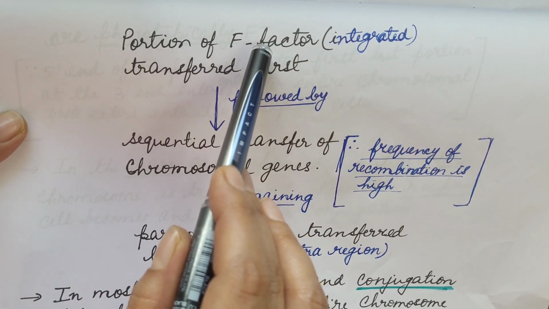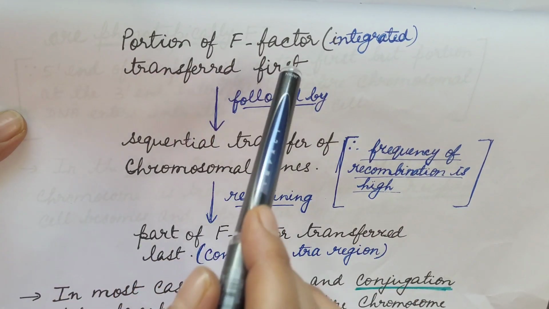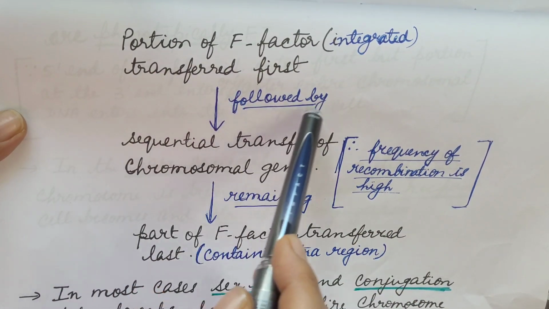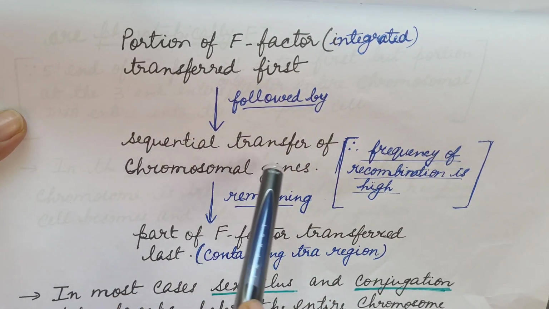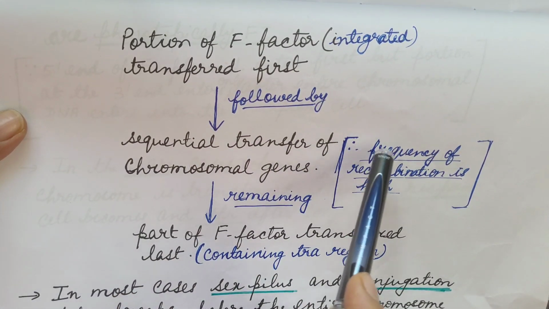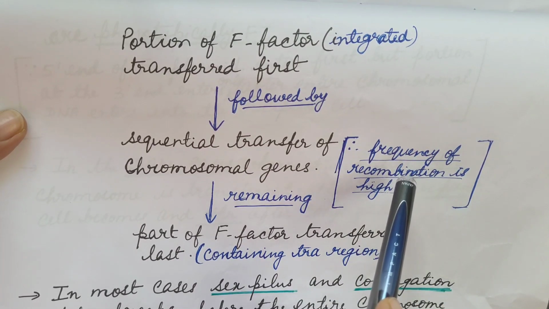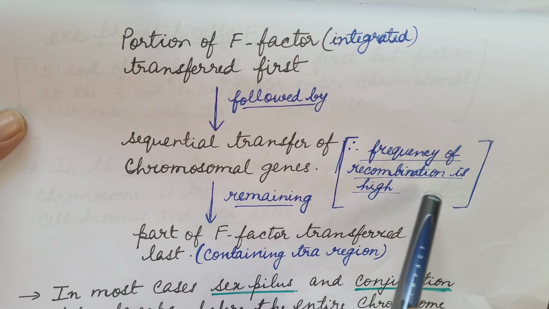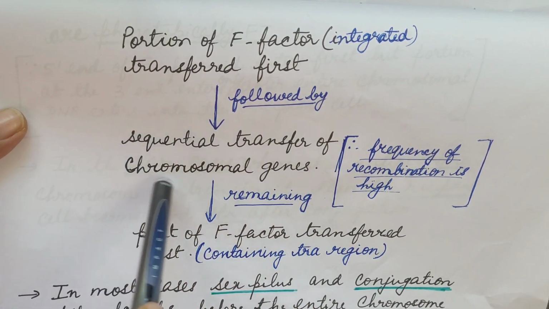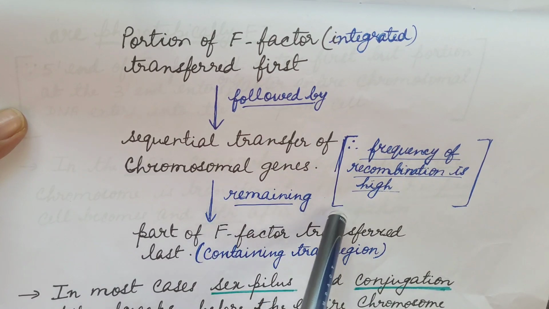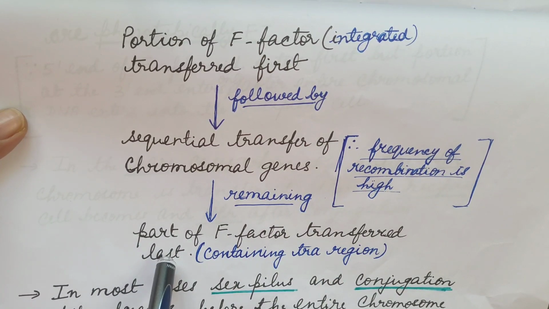The portion of the F factor which is integrated is transferred first, and this transfer is followed by sequential transfer of chromosomal genes. Therefore, the frequency of recombination is high, or the frequency of formation of recombinants is high. Once the chromosomal genes are transferred, the remaining part of the F factor is transferred last.